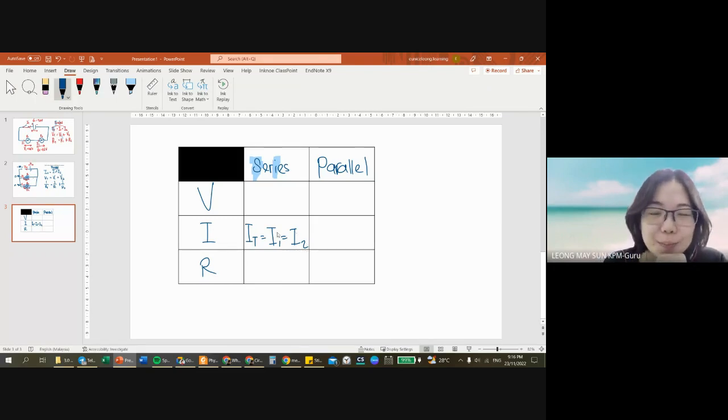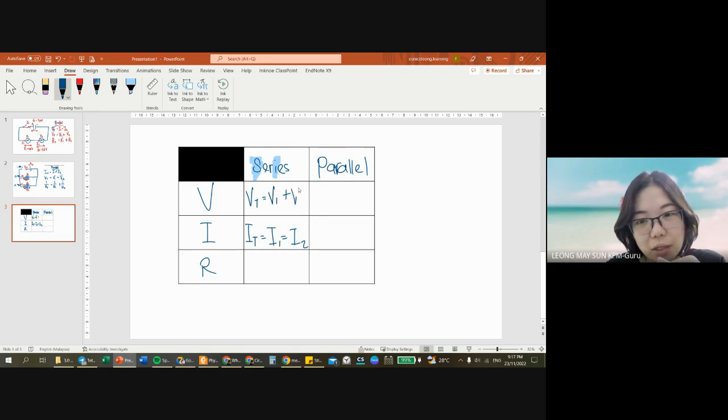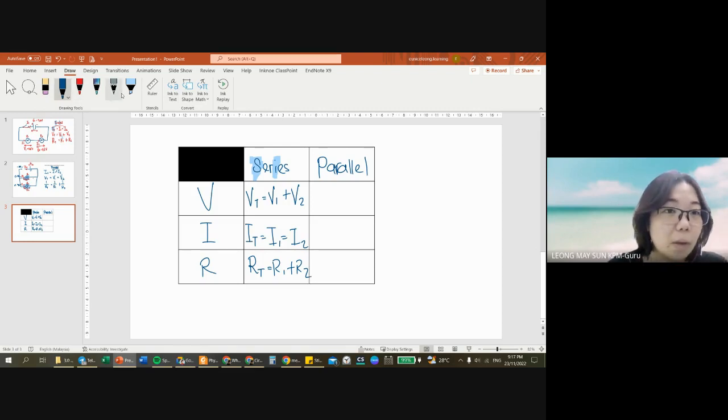So in a series circuit, the current is the same, so you use that to identify it. And then the rest in a series circuit is add up, remember? So V total equals V1 plus V2. Resistance also adds up: R total equals R1 plus R2. Then what you do is cross this equal sign and bring it on top.